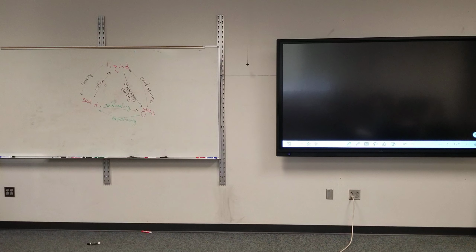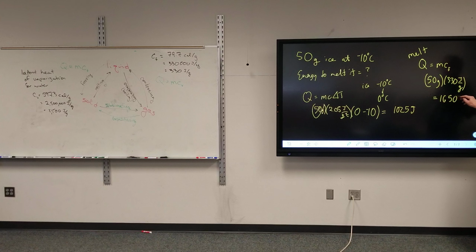So this is 50 grams times 330 joules per gram, which is 16,500 joules. So it takes a whole lot more energy to melt it than it does to change the temperature.